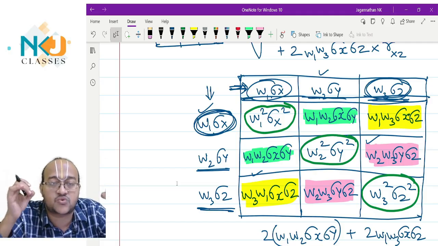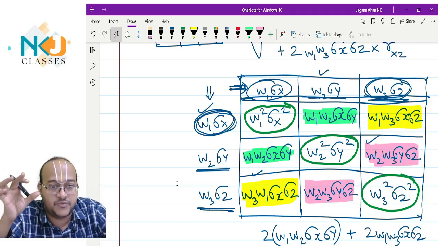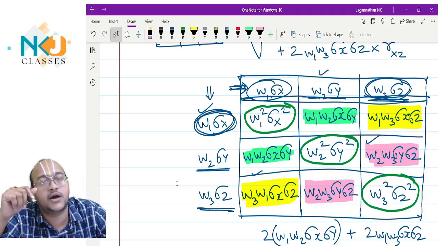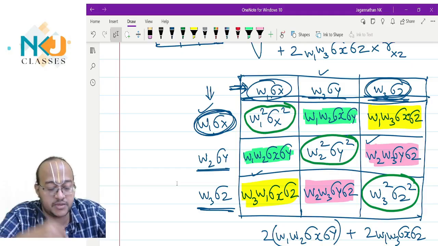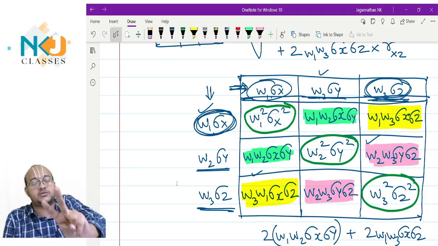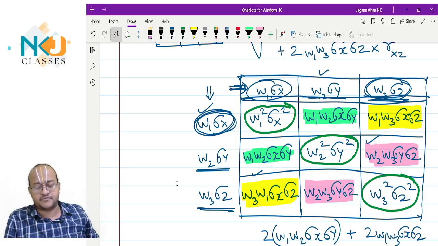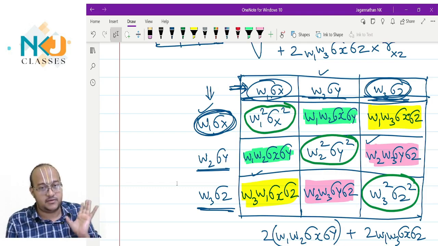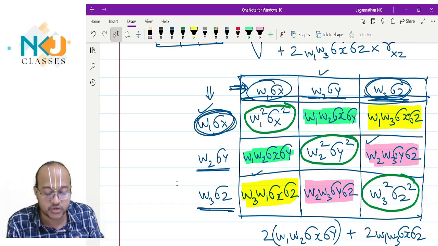There will be n square terms. 3 into 3 squared, 9 terms. 2 security portfolio, how much total boxes will be there? If you draw a matrix, how many boxes will come? 4 boxes will come. Understood? 2 square. Like that, 3 security portfolio, how many boxes will come? 9 boxes will come.